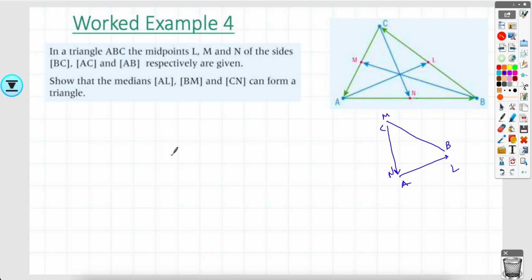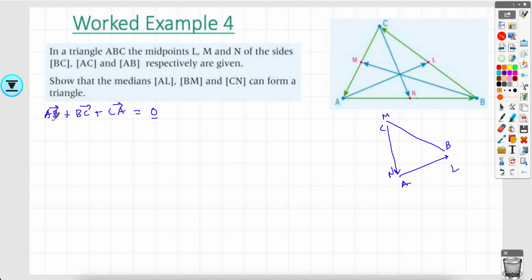Well, there's a fact from the previous lesson that we are going to use. It's the definition of the zero vector. If you add up all the sides of a triangle, they should give you the zero vector. So we know that if I take AB plus BC plus CA, it should give me the zero vector.